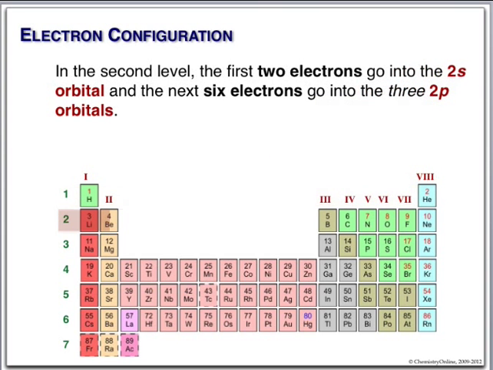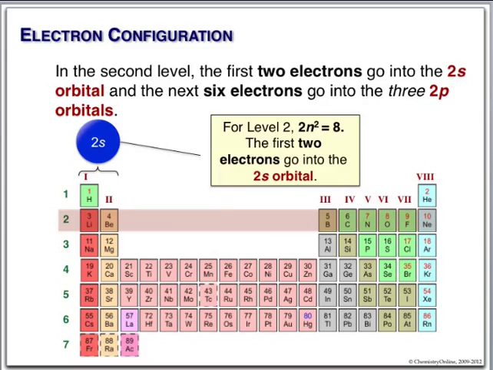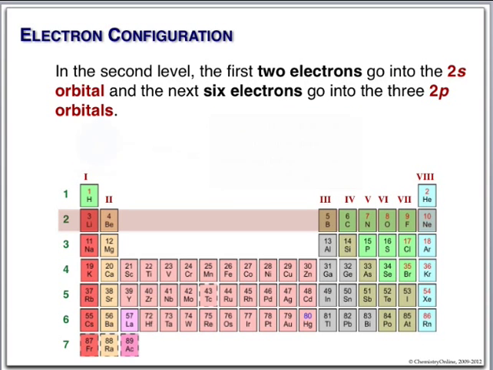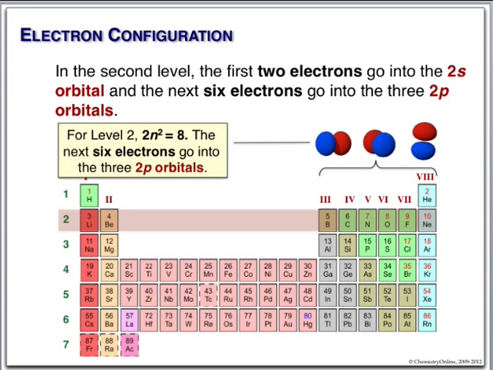For our second period, first thing we're going to do is put in 2 electrons, and they're going to go in the 2s. Then we're going to go all the way over here, and we're going to put in 6 more electrons in our 2p's. So this has a total of 8 electrons through here.